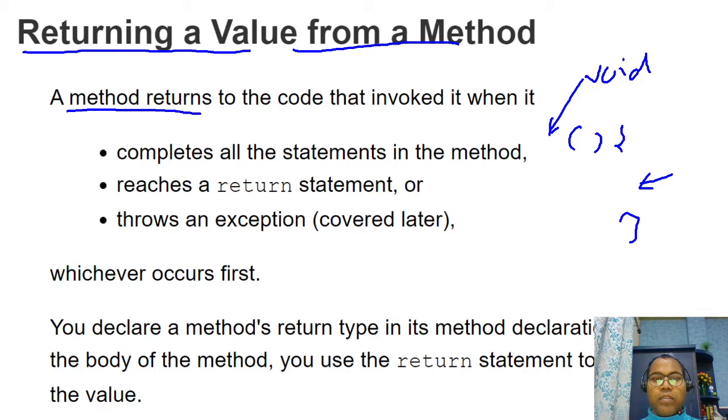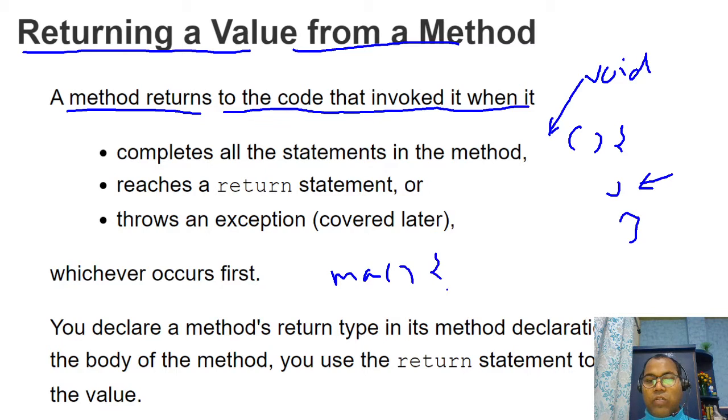A method returns to the code that invoked it. If you invoke a particular method from your main method, the control returns to the next statement of the calling method.